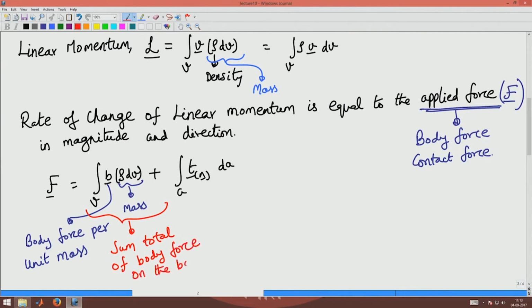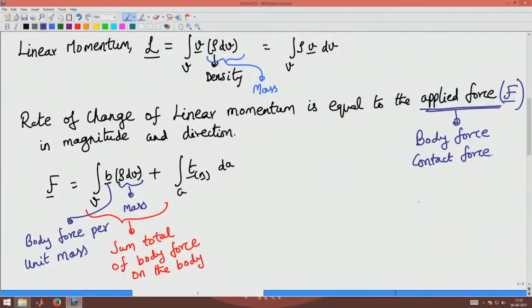Next, let us see what happens to this traction. We saw that the boundary is also a cut surface of the body. So, if a body, let us say a potato, has some distributed forces acting over the boundary of the body, then the sum of all the contact forces is the sum of all these forces acting on the body.